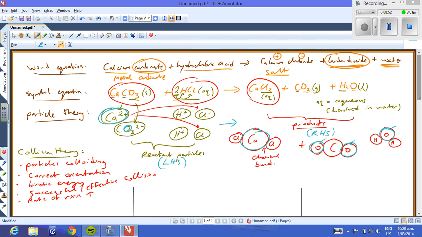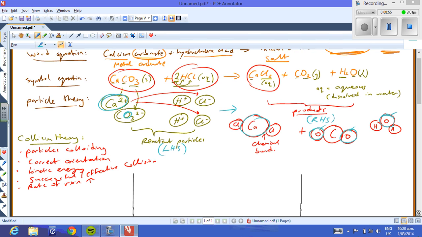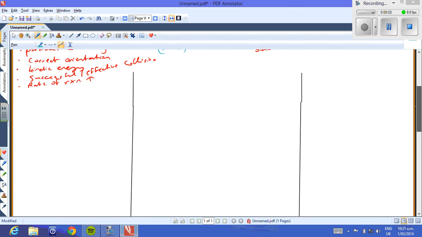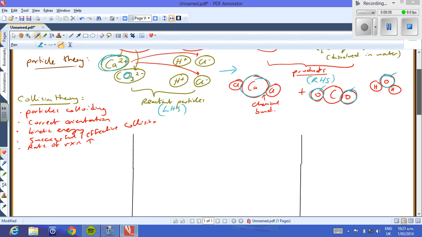Now, just to quickly show you how this was performed experimentally, because we did this in the lab for the first lesson. We looked at how to do this experiment, how do you trap the gas, etc. So the experiment was set up, involved the following pieces of equipment. You had a boiling tube. Inside the boiling tube, you would have had your hydrochloric acid, which is aqueous. You would have put in your calcium carbonate, CaCO3, which was solid initially, but then would break up in the water. You had a rubber bung, in case there was any confusion about that.